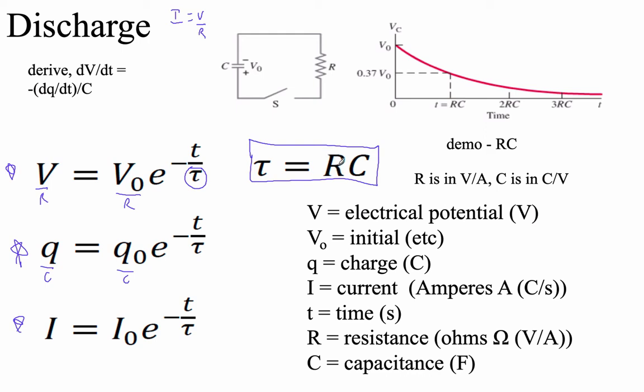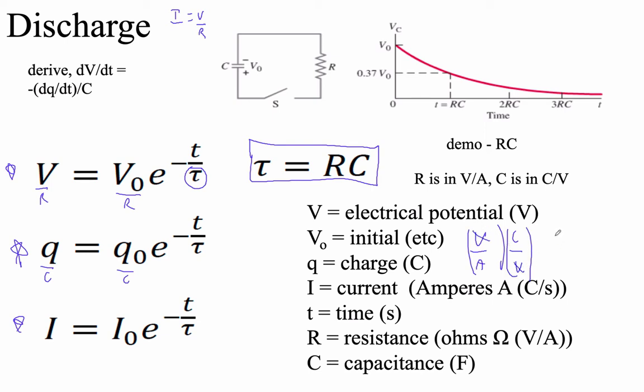Notice that there's a little shorthand going on, so that little tau substitutes for RC, that's our time constant, okay? Now, notice that R is in volts per amp, and capacitance is in coulombs per volt, right? So if we multiply those units together, we get volts per amp times coulombs per volt, and the volts go away.